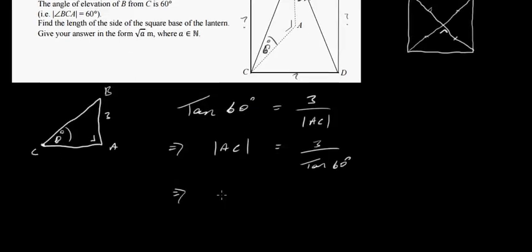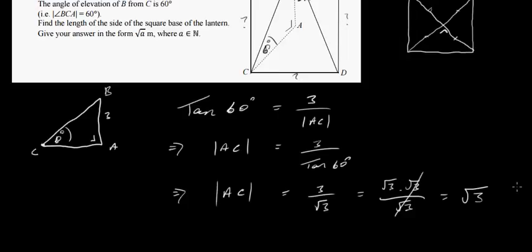So AC is 3 over the tan of 60 degrees, which is square root of 3. Now remember, the 3 on the top is just root 3 times root 3. We've got a root 3 on the bottom, so we just end up with root 3. So the distance root 3 meters is the distance AC.